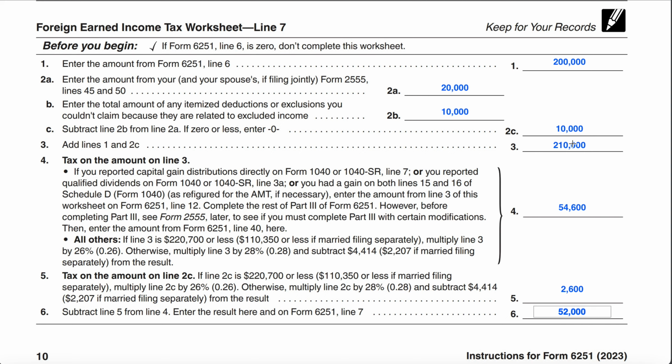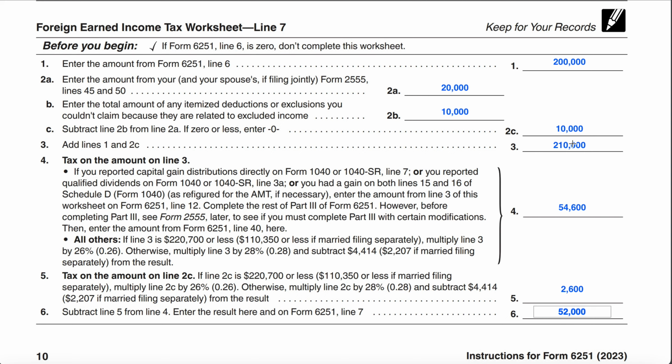So those modifications, according to the form instructions, are in the following order. First, you would reduce the amount that you would otherwise enter on line 3 of your AMT qualified dividends and capital gain tax worksheet, or line 9 of your AMT Schedule D tax worksheet, by the amount of the AMT capital gain excess.